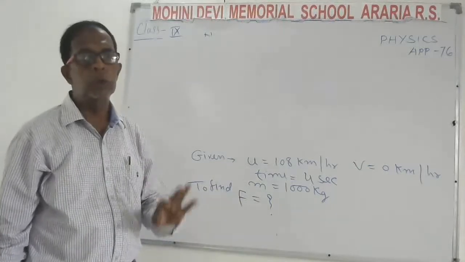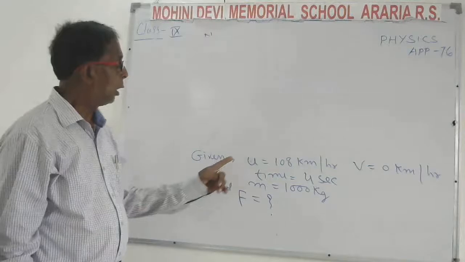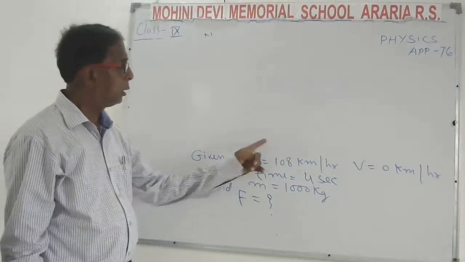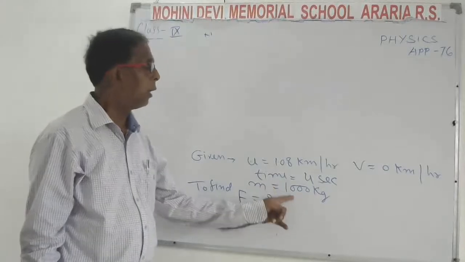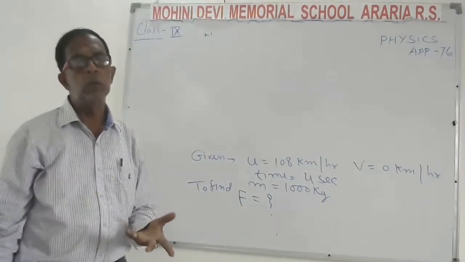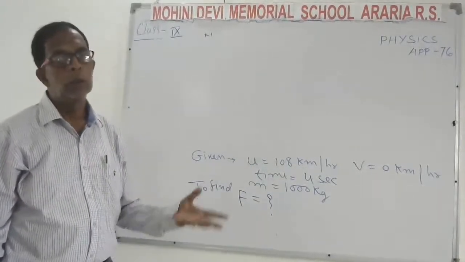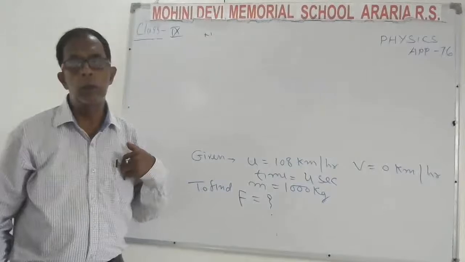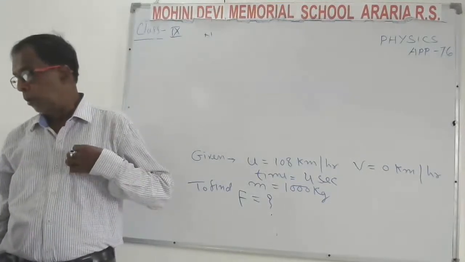This is also the second law in terms of momentum. So you are able to calculate the initial momentum and final momentum, then dividing by time t, which is 4 seconds, the force will be calculated easily.